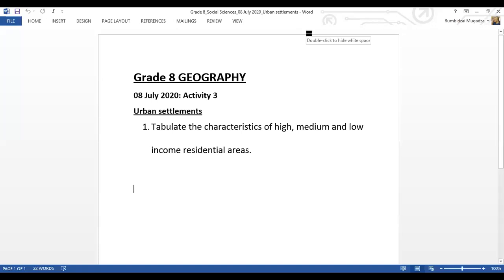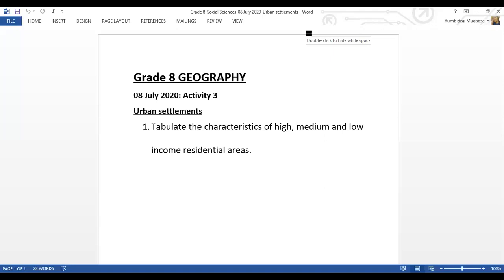Yes, Nhlanhla, put it in a table form. You have to draw a table. Tabulate, that's very good, Nhlanhla.